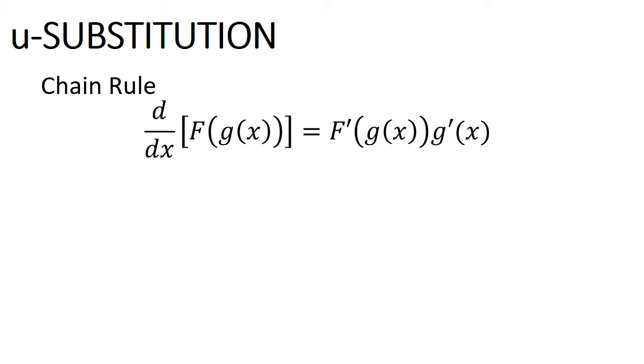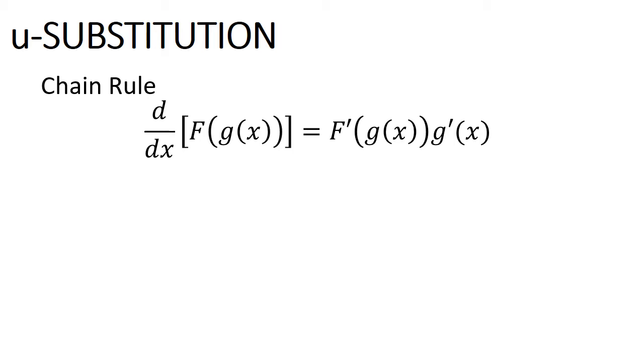So, kaya siya tinawag na chain rule kasi para siyang chain na magkakasunod. Okay, meron siyang domino effect kumbaga. So, i-derive mo yung composition and then, i-derive mo pa yung nasa loob nung function.